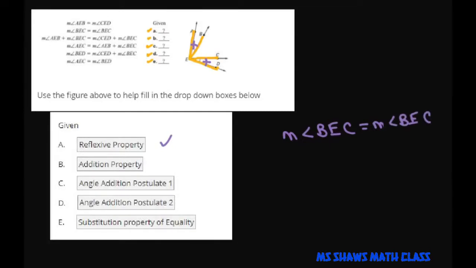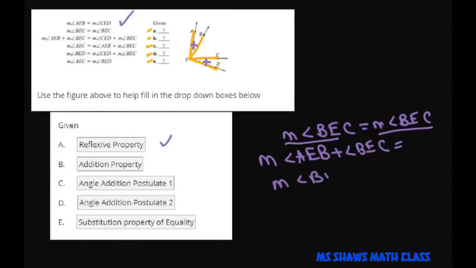Then we're going to get our given here, and we're going to have the measure of angle AEB, and since these are the same, we're going to add them. So measure of angle BEC equals the measure of angle BEC.